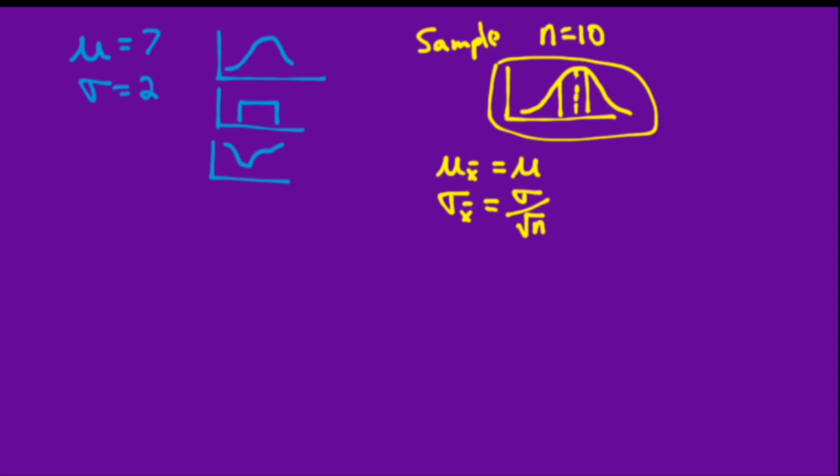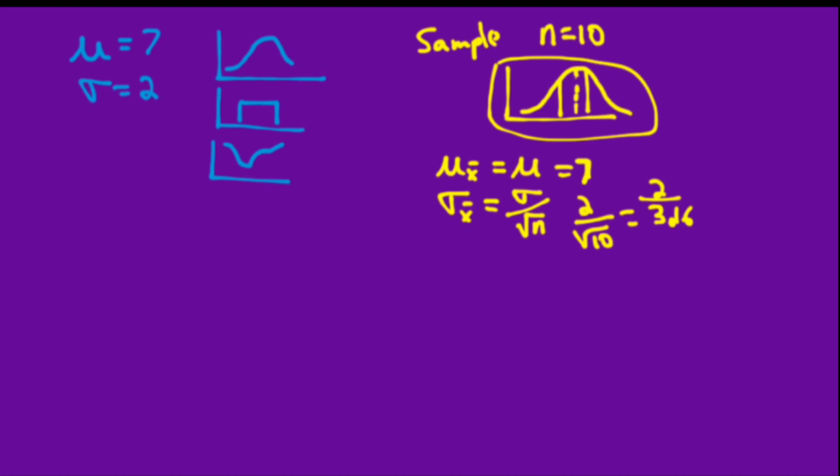Okay, and so in our case here, what did we say? 7. And this is going to be 2 over the square root of 10. Okay, and what is the square root of 10? It's 3.16. So 2 over 3.16.